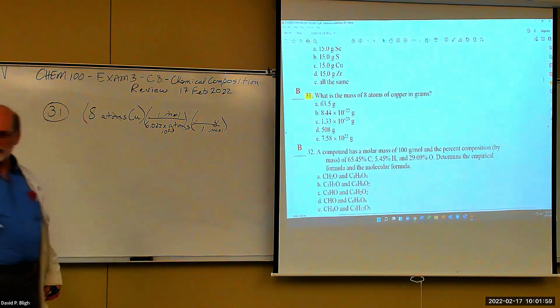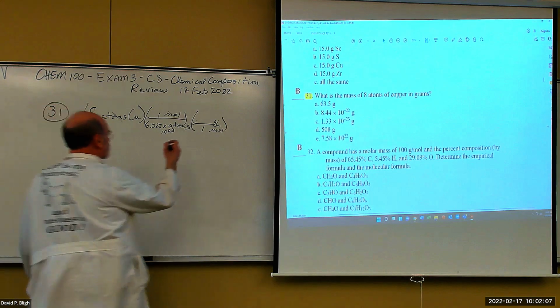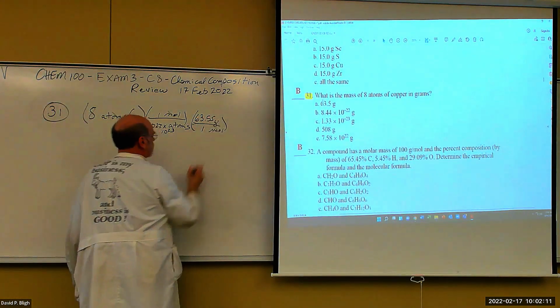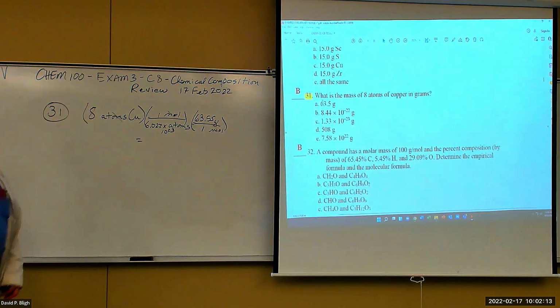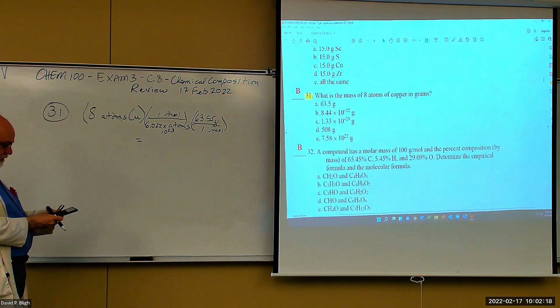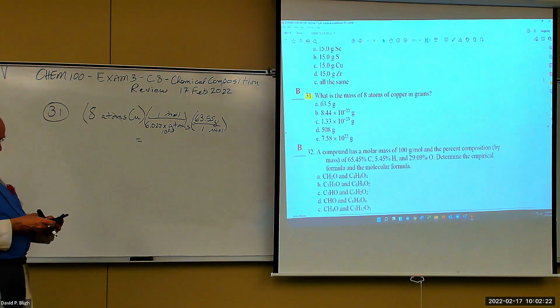So what's copper? Yeah, 63.55 grams per mole. There we go. So now we just say 8 times 63.55 and then divide by Avogadro's number. Let's see if I can recall it.